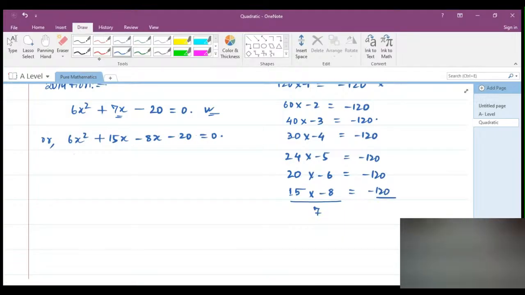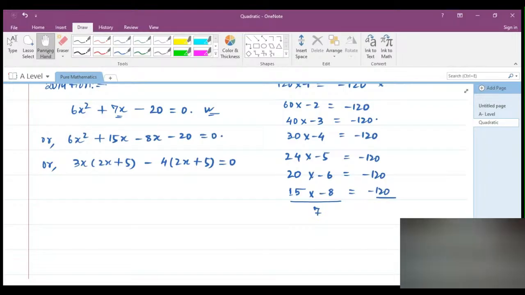So next step here will be, we take 3x common, then we get 2x plus 5, and here we take 4 common, then we get 2x plus 5 equal to 0. Hope that there is no problem to understand up to this step.